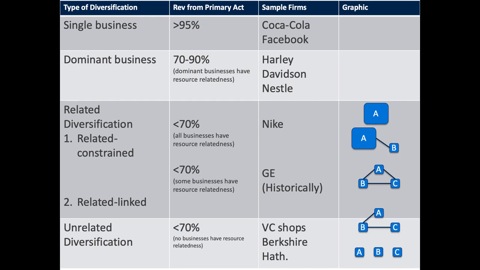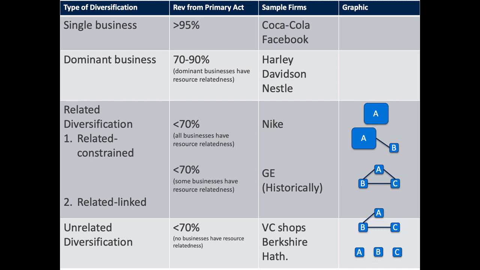Jet engines and gas-powered turbines that generate electricity are very structurally similar. So the intellectual property relates these two divisions. On the other hand, GE has also had a financial services arm which has virtually no resource relationships with other departments.